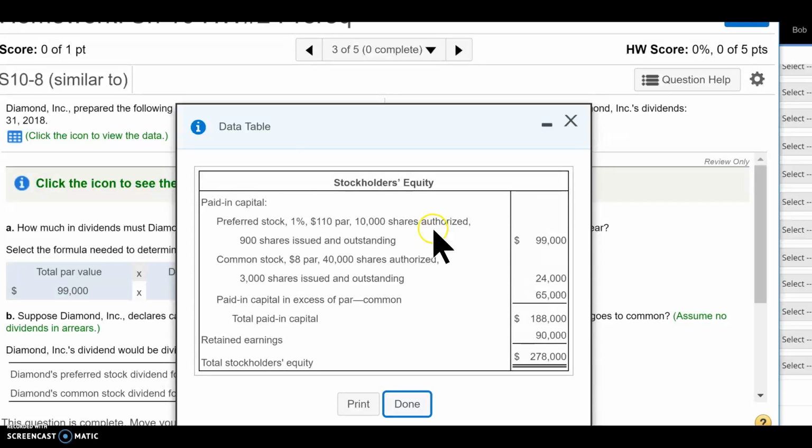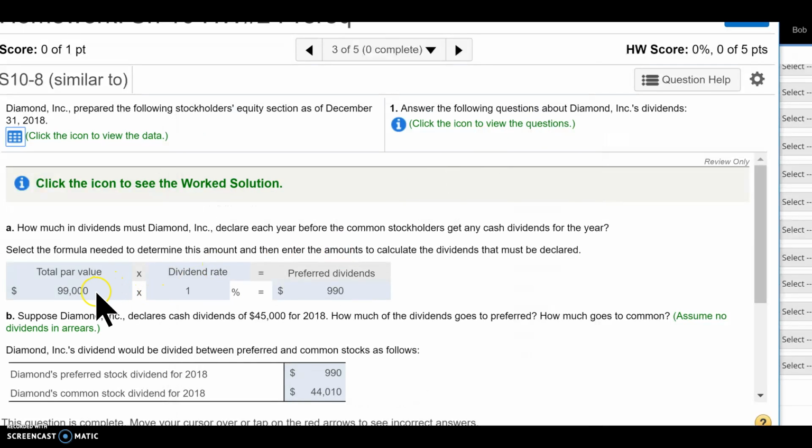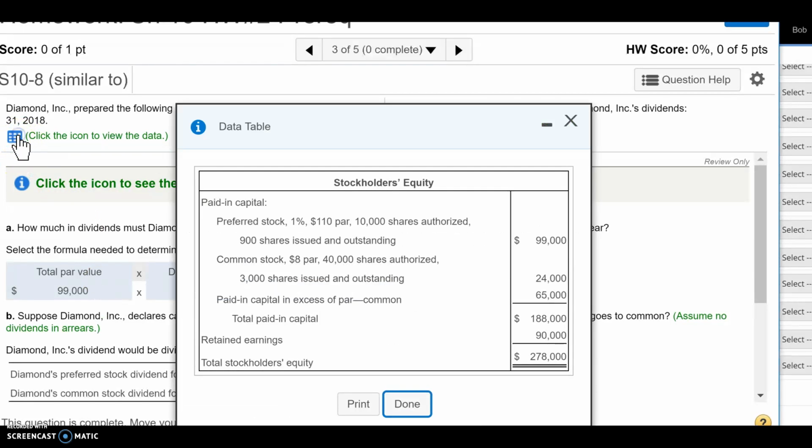So the question is, let's review the scenario under dividends for preferred and common. The question asks, what is the formula that we need to determine the amount for the preferred dividend? $99,000 in the par value designation for preferred: 110 par value, 900 shares, 99,000.